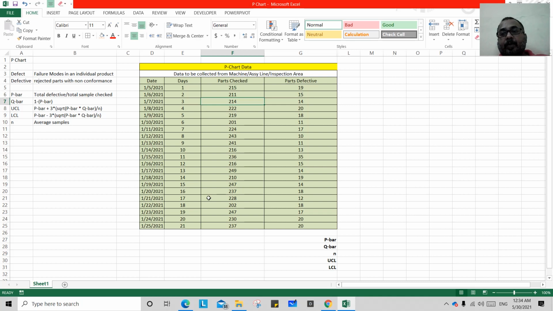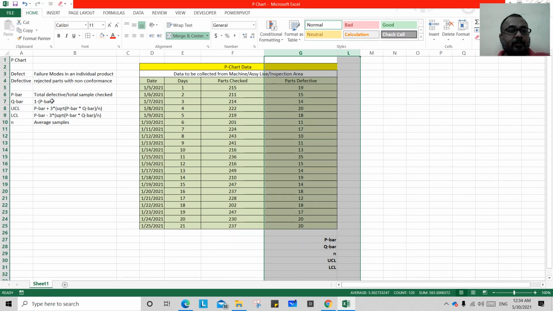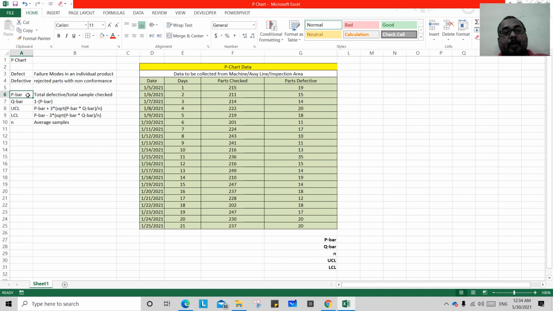For making a P chart, we need to find five major things. First is the P bar. What is the P bar? P bar is the proportion of total defective parts to the total samples checked, meaning we have to check all the parts.